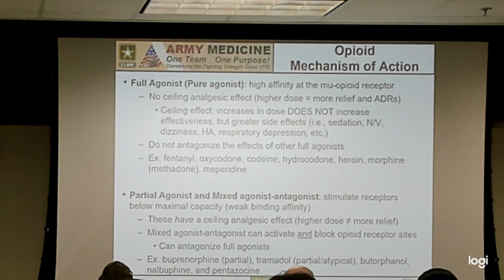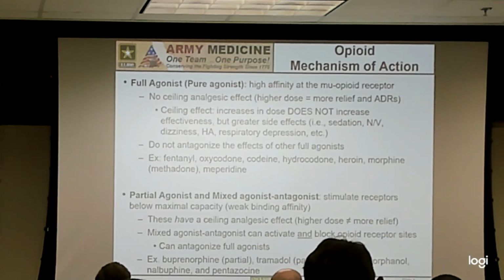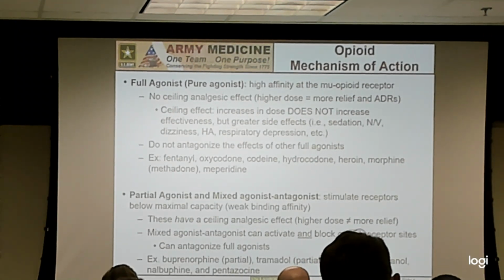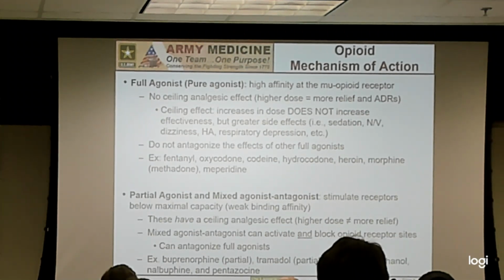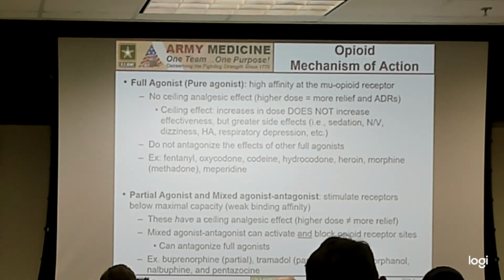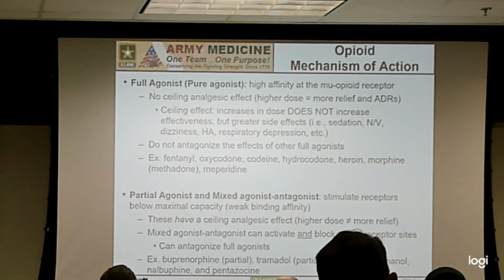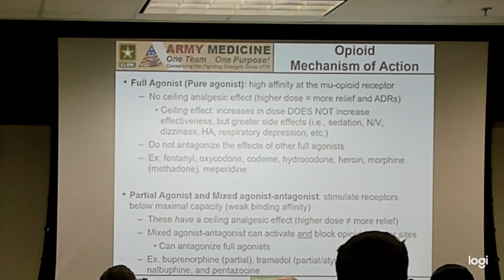This might look a little familiar to you because y'all have talked about different agonists, partial agonists, and antagonists. And this kind of follows that same pattern of what you went through before. So you have a full agonist, or they can call them pure agonists. And this was one of the slides that I cleared up before. So I'll give you this warning beforehand.